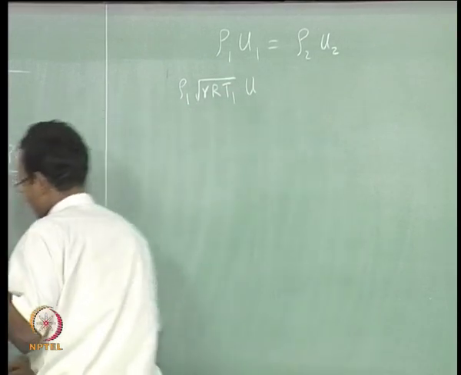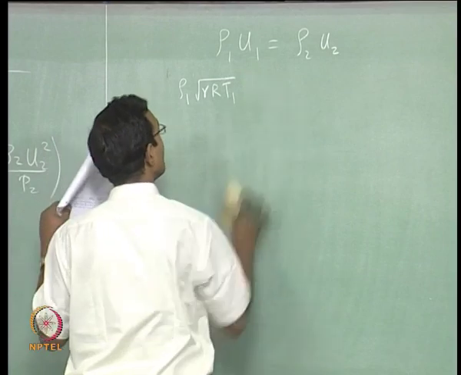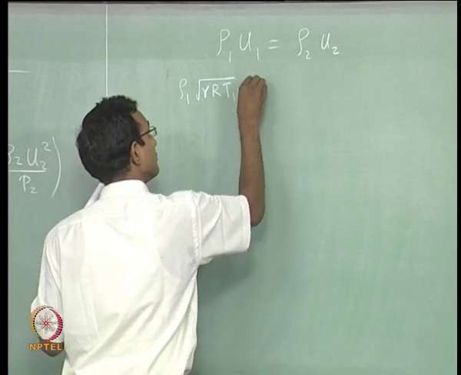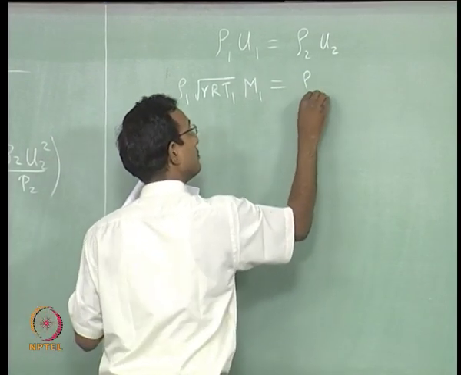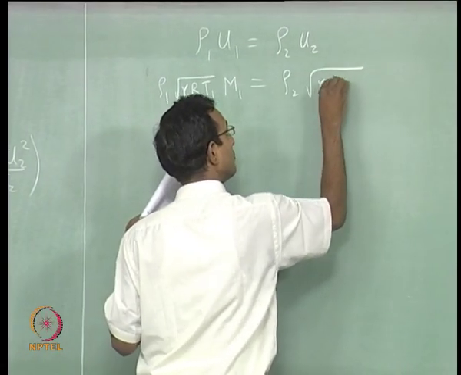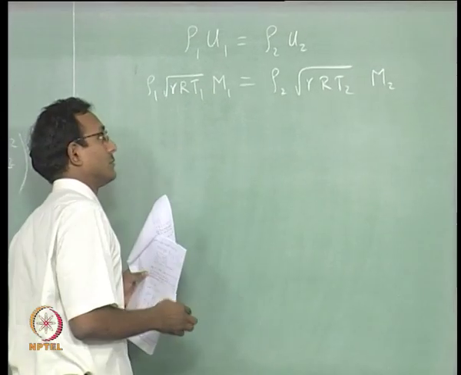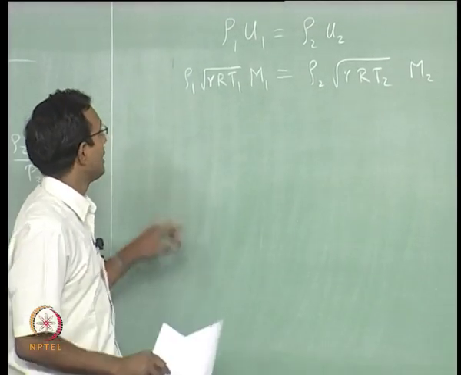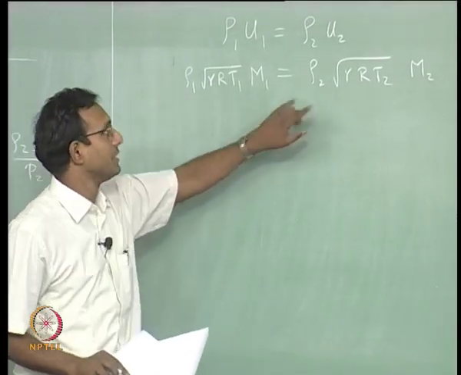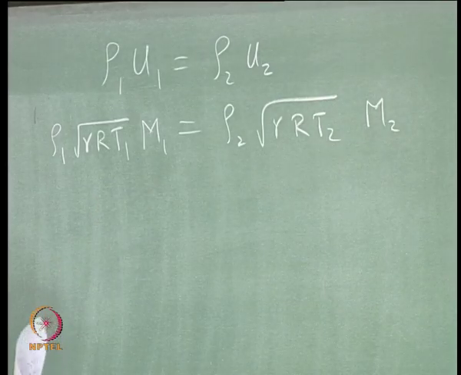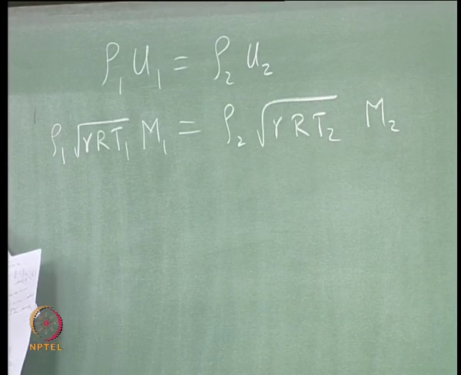Sorry, it should be M1. I have this relation. Now I still have to express rho in terms of Mach numbers, that is the overall goal.